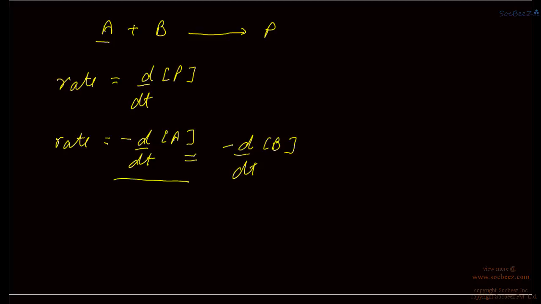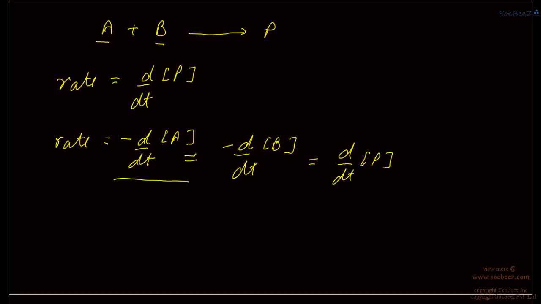Because if 1 mole of A is consumed in this reaction, it is reacting with 1 mole or 1 molecule of B. So 1 molecule of A is combining with 1 molecule of B. And therefore, the rate at which A is disappearing will be equal to the rate at which B is disappearing. Now here we have discussed when 1 molecule of A and B is present, and here it will be equal to negative d by dt of B using the same argument.